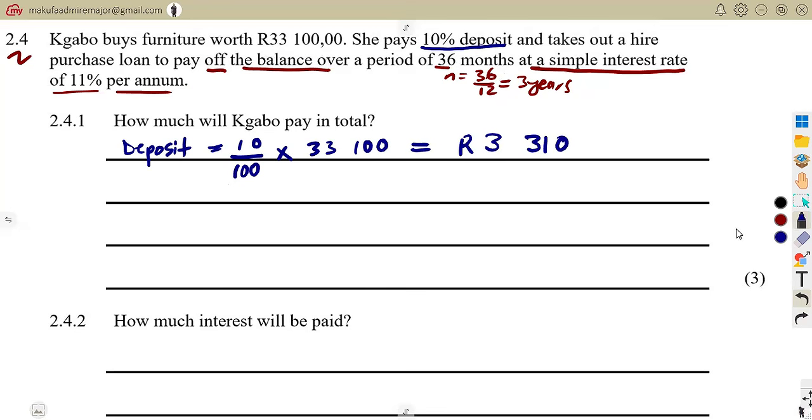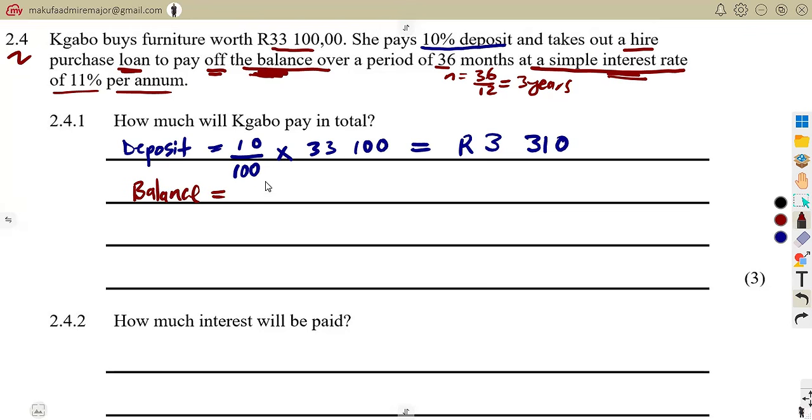But take note, they are saying he takes out a hire purchase loan. A hire purchase loan is simple interest, to pay off the balance. So the balance is the one that is being paid off, and we need the balance after this deposit. What is the balance?